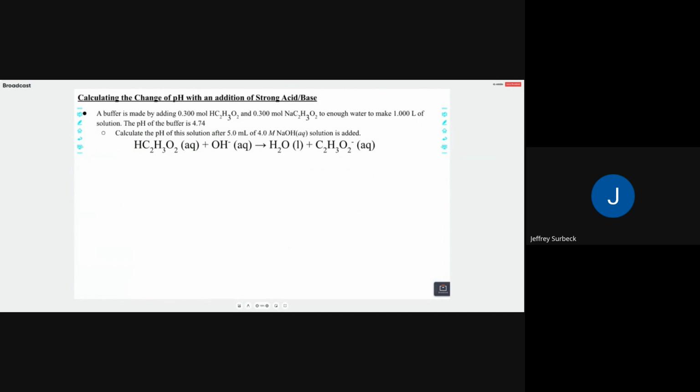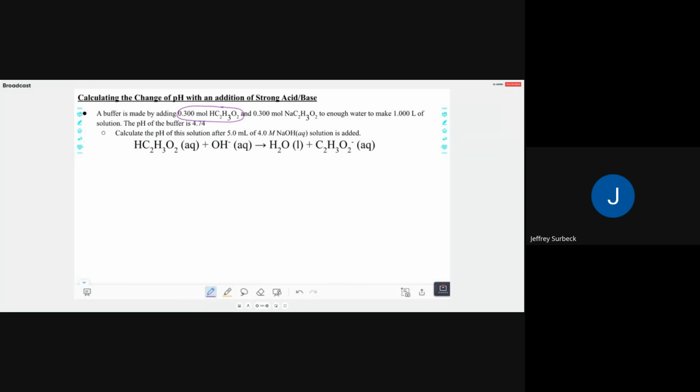We want to know what is the pH of this solution after 5 milliliters of 4 molar sodium hydroxide is added to this solution. So the first thing that I want to think about here is this. What do we have? Acetic acid is this quantity right here.